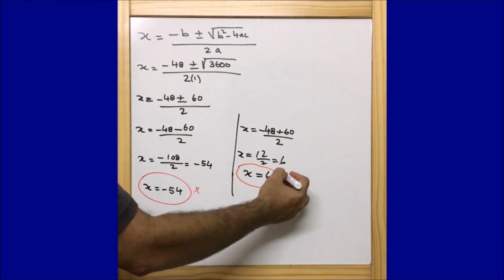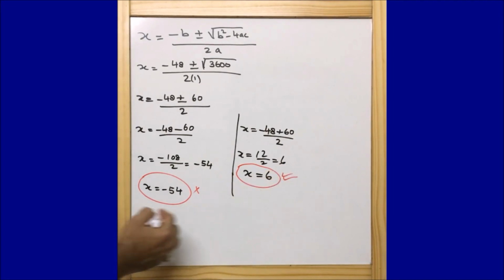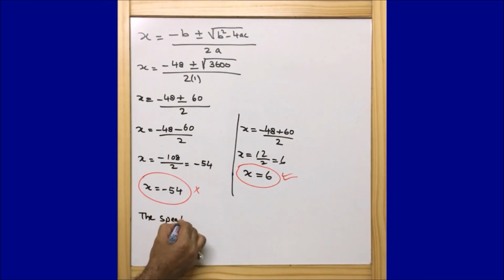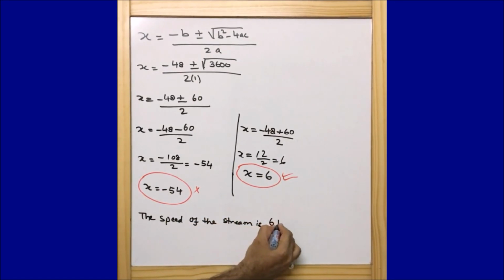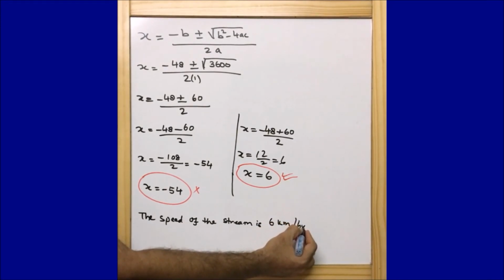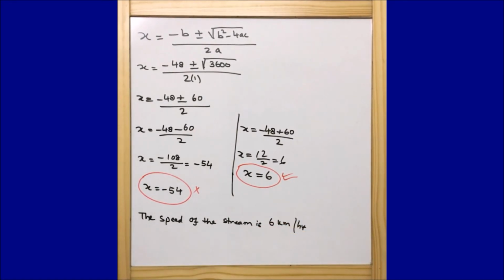And x is equal to 6, this is what we can consider, and we can say that the speed of the stream is 6 km per hour, because we assumed that the speed of the stream is x km per hour. So we are getting the speed of the stream as 6 km per hour.